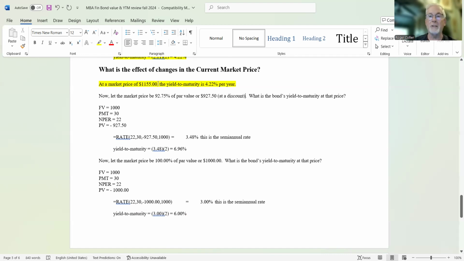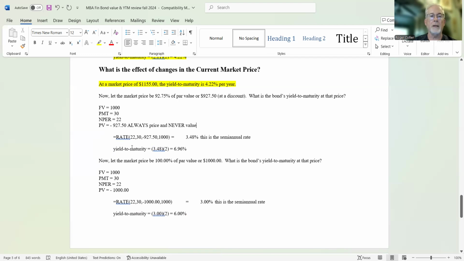And what happens to the yield to maturity? It increases. Right? The future value is 1,000. That's the par. Payment is 30. That's the coupon payment. Number of periods, 22. And the present value is that price, $927.50. And remember that this is always price and never value.